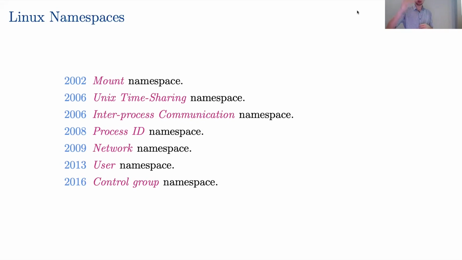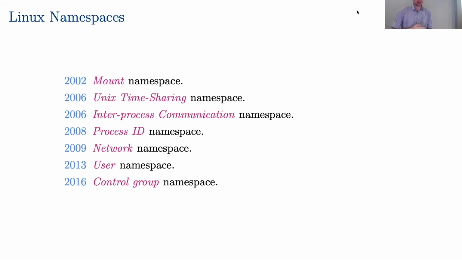And then all the way, you can ignore the ones in 2006 for now. In 2008, we solved this problem of processes still being accessible, where you can still see them in our jails, by introducing a process ID or PID namespace, which allowed us to isolate away processes using namespaces.